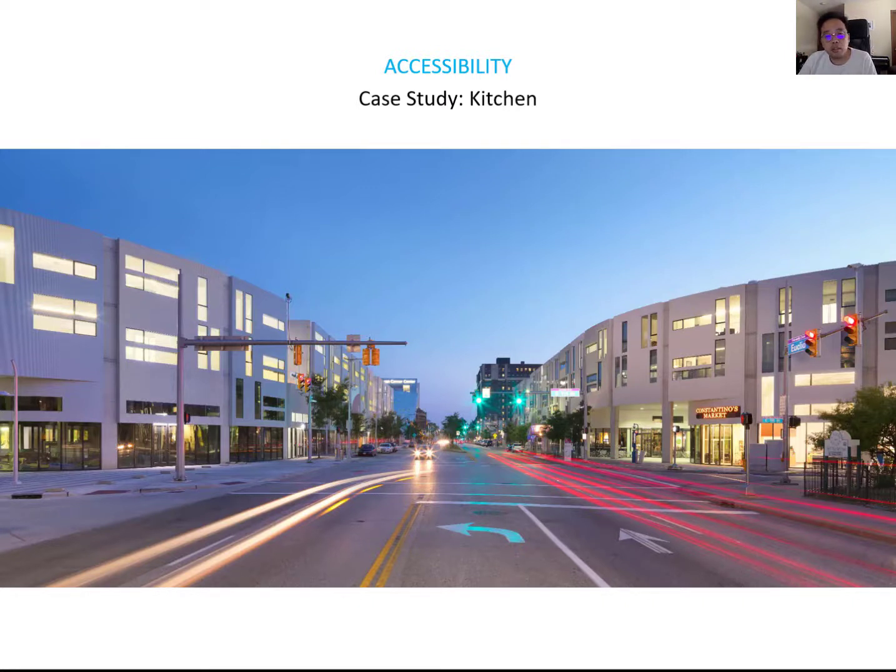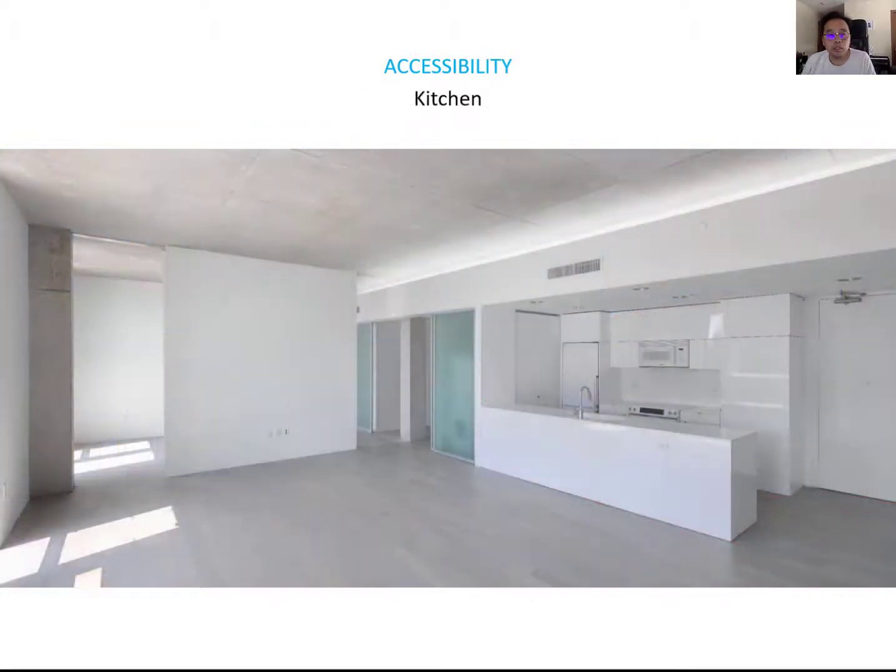So we're looking at lots of different technological parts from this building as the case study. But today we can see the kitchen part, how we consider the accessible kitchen when designing the space from this building. So let's look at the inside.